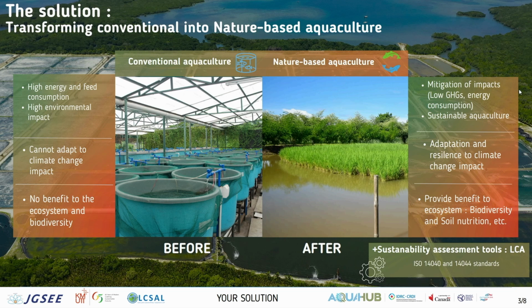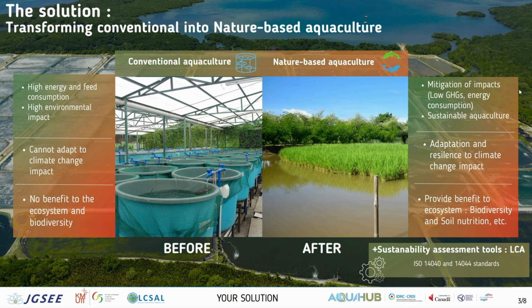For our solutions nowadays, the research I am already doing is about transforming from conventional aquaculture into nature-based aquaculture. First, conventional aquaculture is a process with quite high energy and feed consumption, and it also produces a high environmental impact.